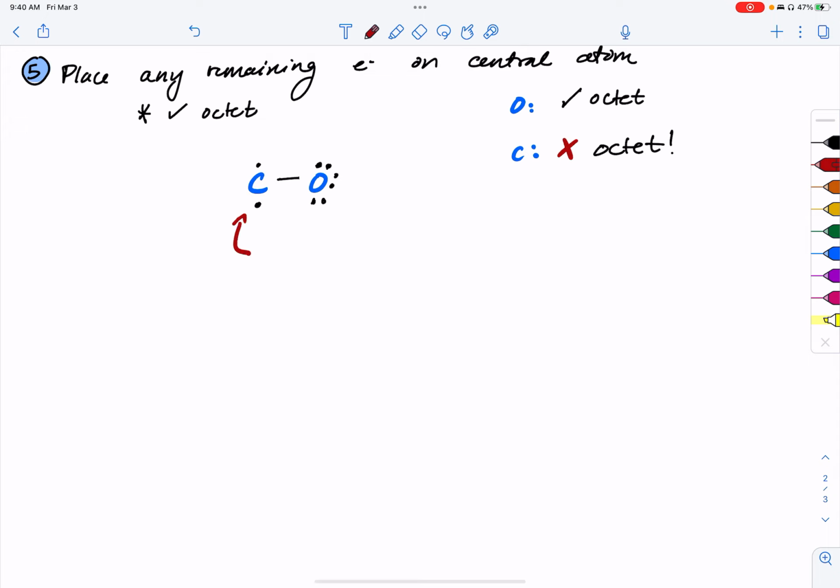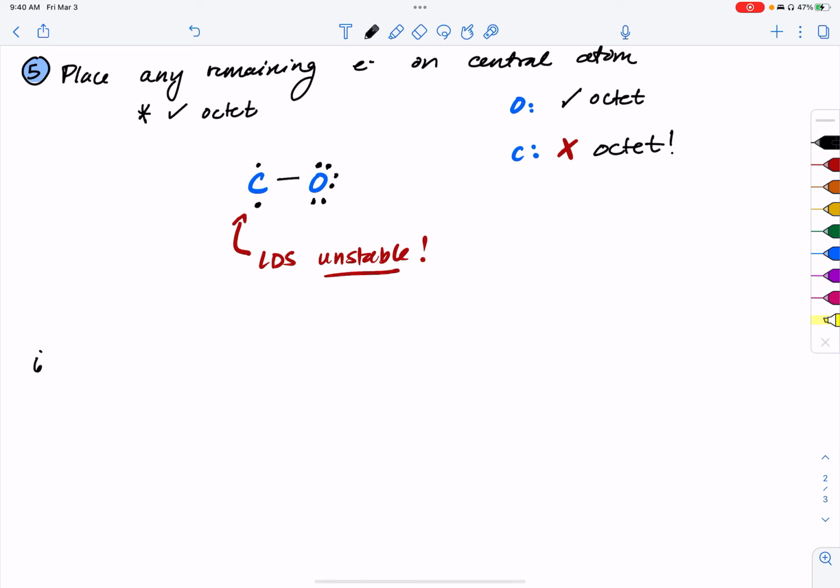So this Lewis dot structure is unstable because carbon has not yet achieved octet. So how do we remedy this? We've used up all of our electrons, right? We had 10. I've spent the 10.